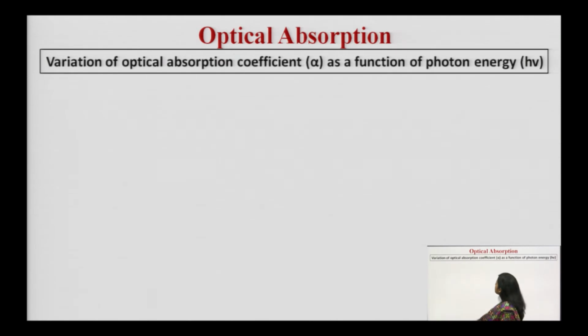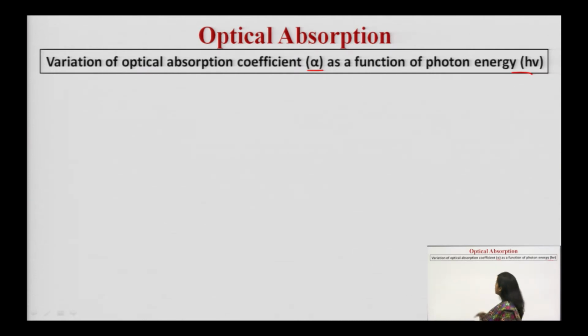Now, let us discuss the variation of the optical absorption coefficient alpha as a function of photon energy. Optical absorption alpha varies with respect to the photon energy. Two cases I have shown you: if the photon energy is higher than the band gap, what will happen? If the photon energy is less than the band gap energy, what will happen?